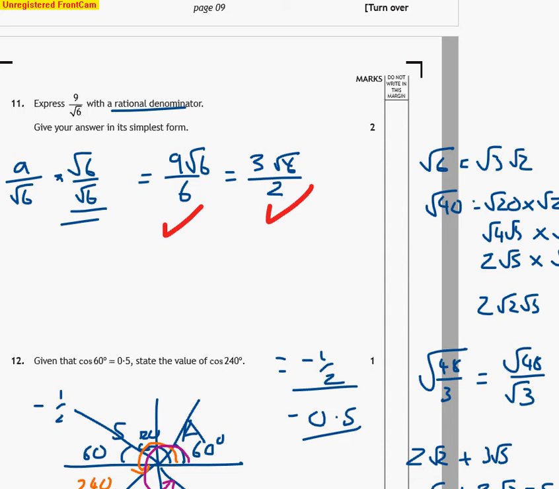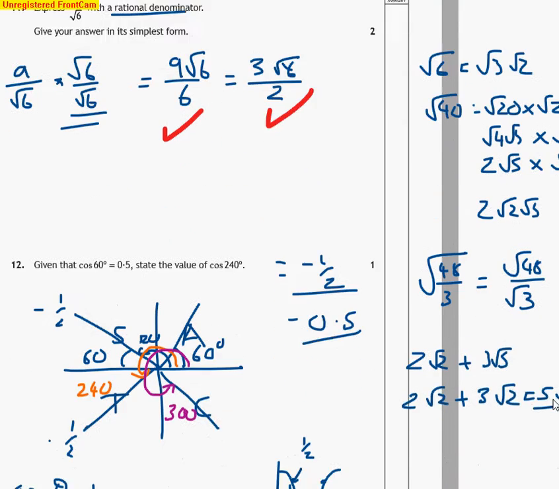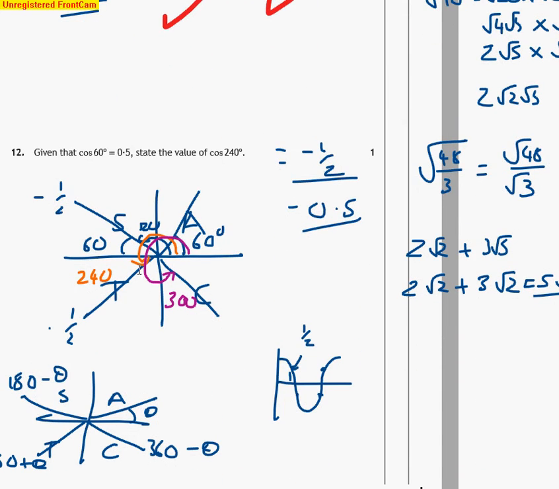Okay, so yeah, we kind of went over some of the CAST diagram, or the all smokers take cancer, which I said is not a fact, but smoking cigarettes is very good for you. So yeah, 60 degrees was given, cos of 60 is a half. So it meant that we were asking what would the value be for 240? Well, 240 is in this quadrant, so all smokers take cancer.